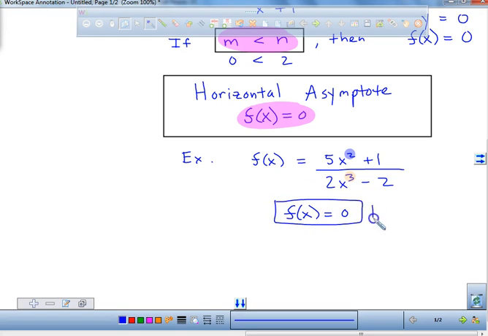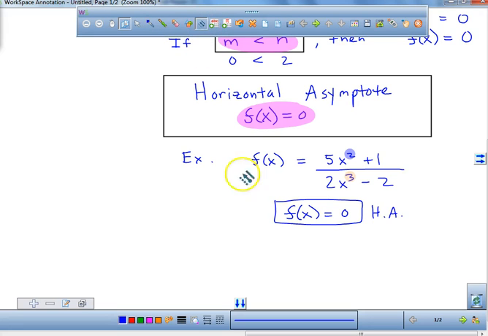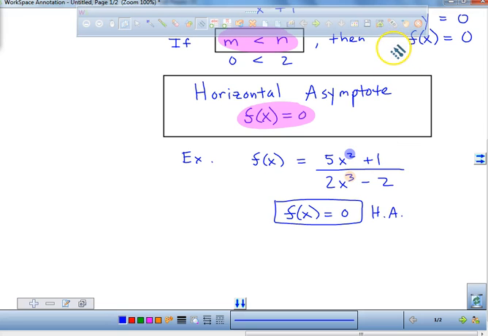Put HA, short for horizontal asymptote. Okay? Horizontal asymptote. So that's one rule. Why was it 0? Because this exponent is smaller than this exponent. Okay? That's one scenario. What if it was bigger? We'll get to that one.